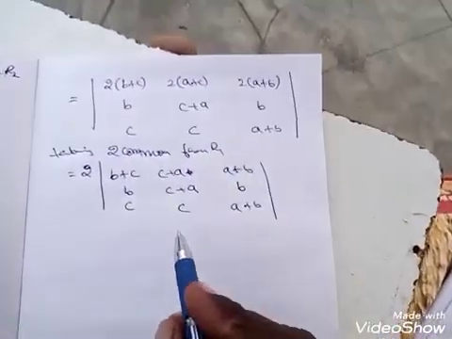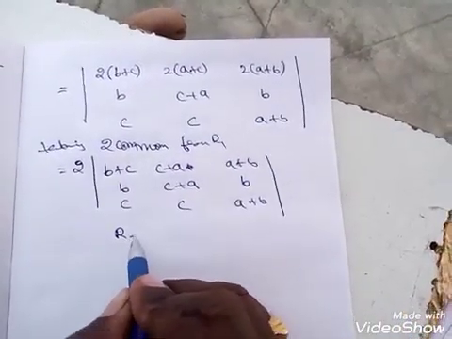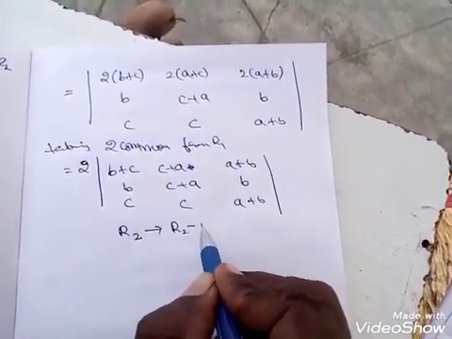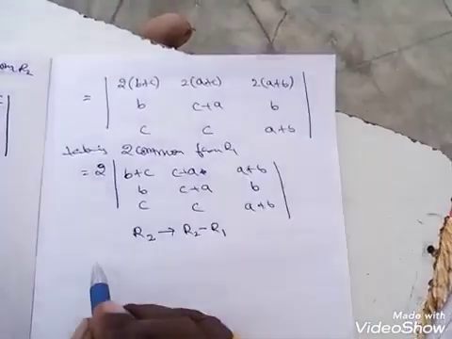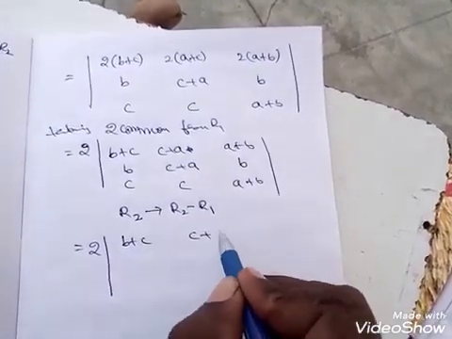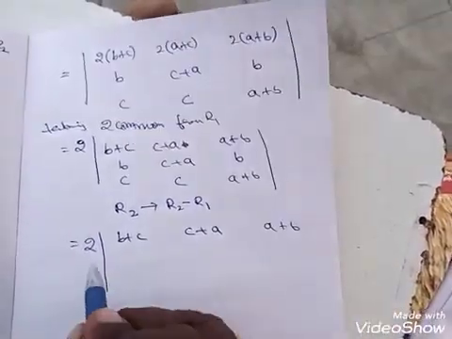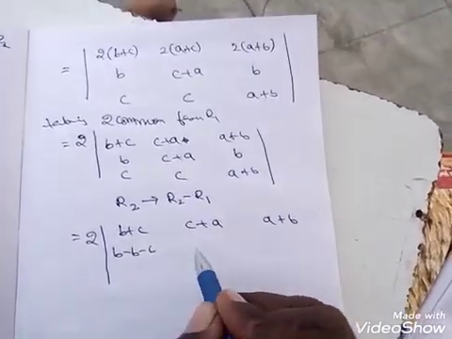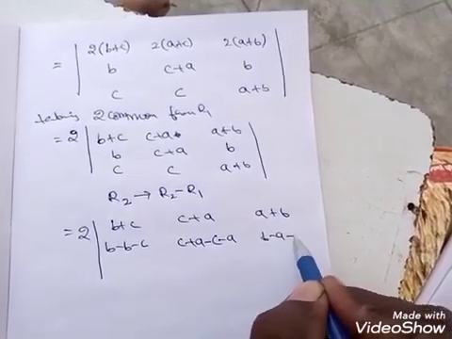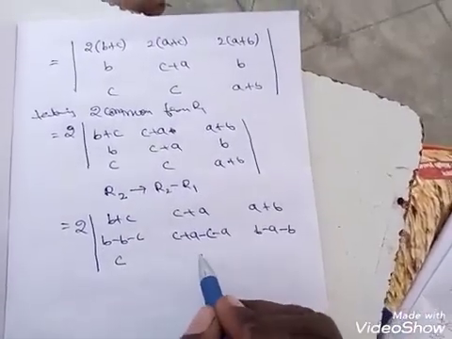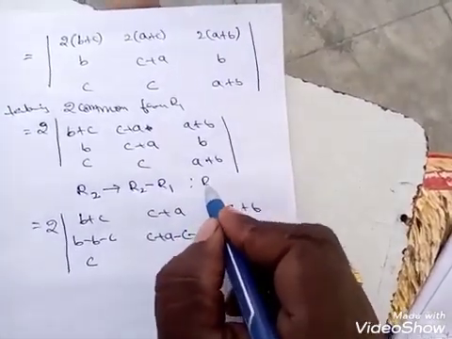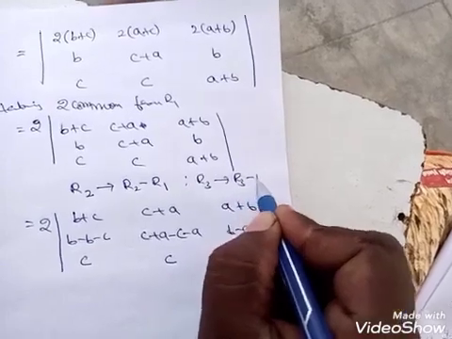Here we can make some zeros. Now R2 gives rise to R2 minus R1. Then we are going to get, observe, 2 into the determinant of B plus C, C plus A, A plus B. Now this is B minus B minus C, plus A minus C minus A, B minus A minus B, and C. Next, another operation can also be done: R3 gives rise to R3 minus R1.